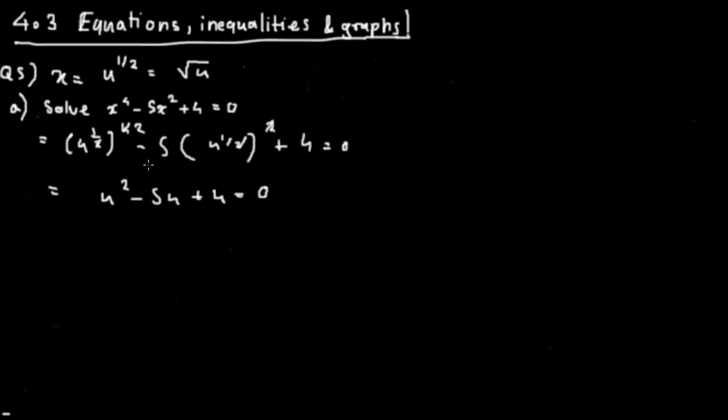Now, from here, what you would do is write down u squared minus 4u minus u plus 4 is equal to 0.